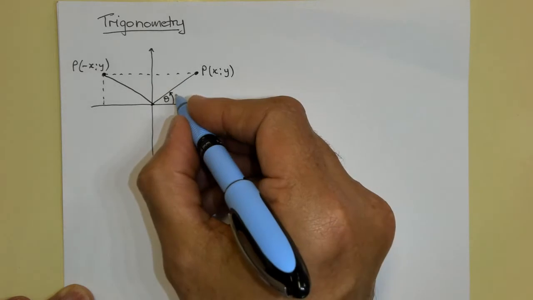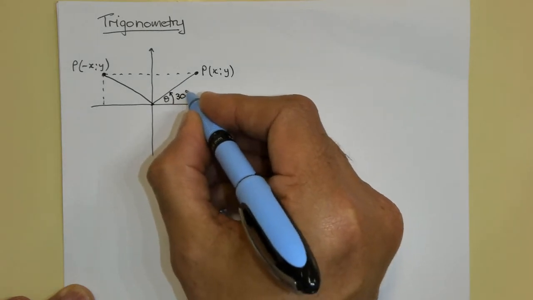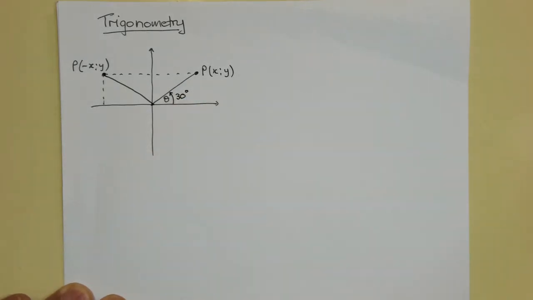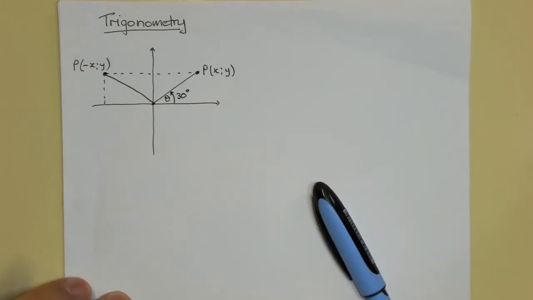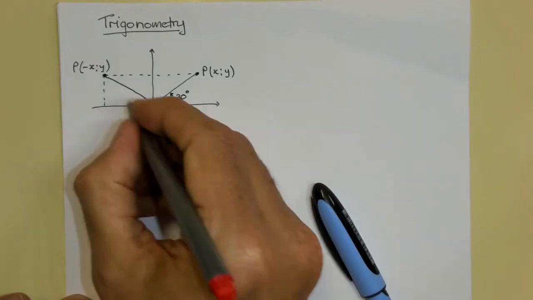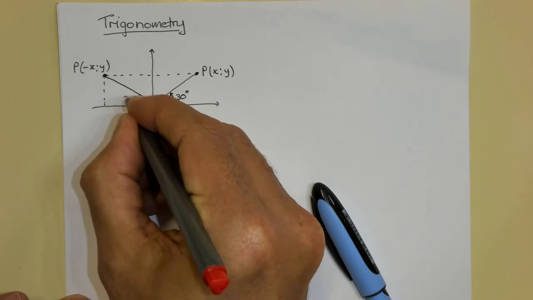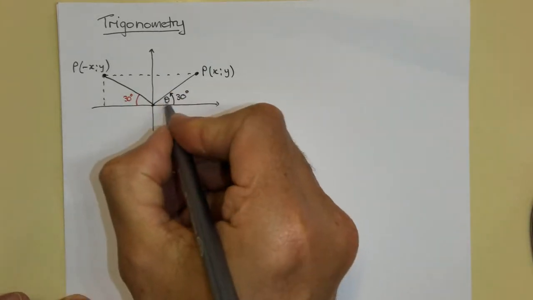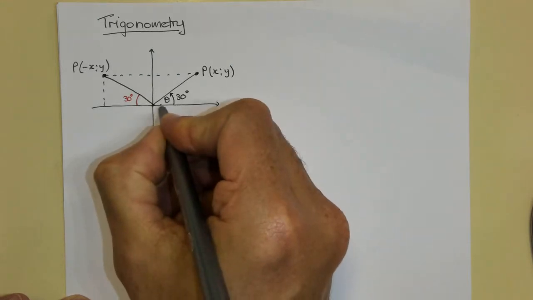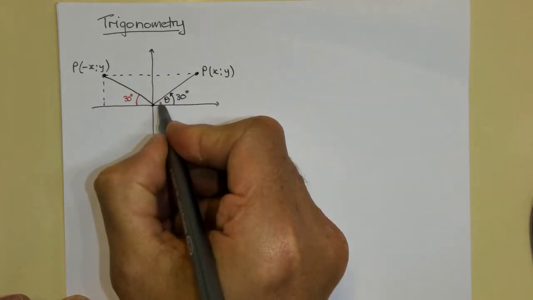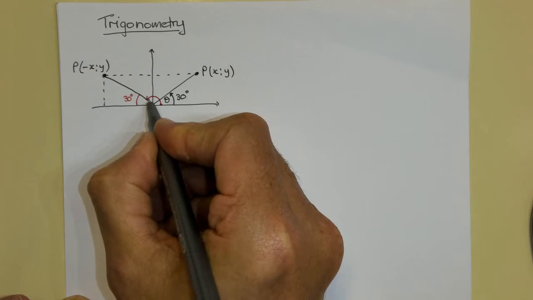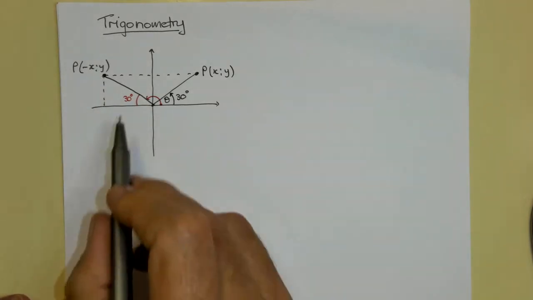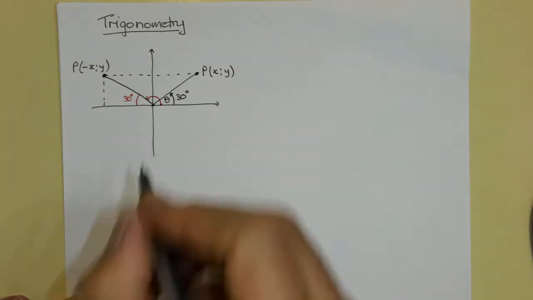Okay, so if I now assign a value to this angle, I say that angle is 30. If I want to get to the angle that lies over here, which is also going to be 30 degrees, I get to that angle by saying I start at the initial ray and my terminal arm finishes in that position. So if we look at this, this is a straight angle.